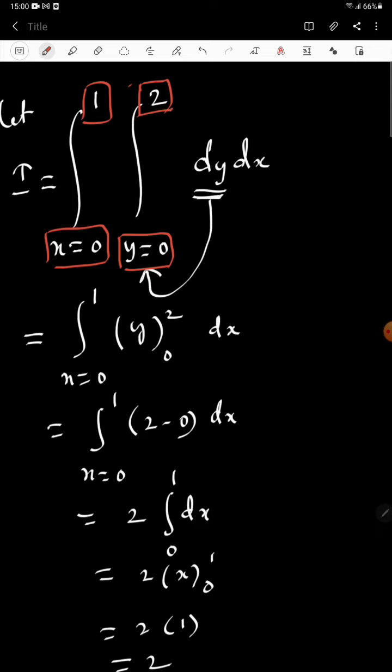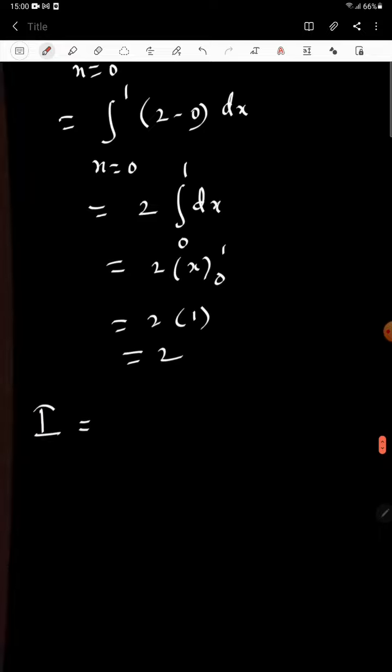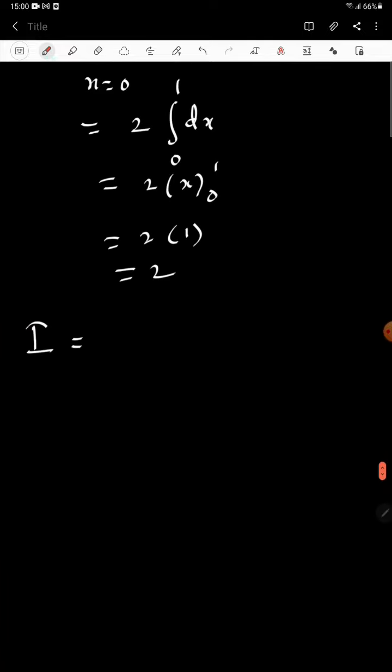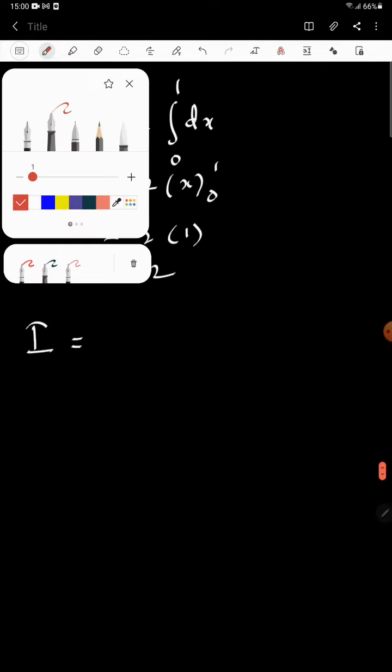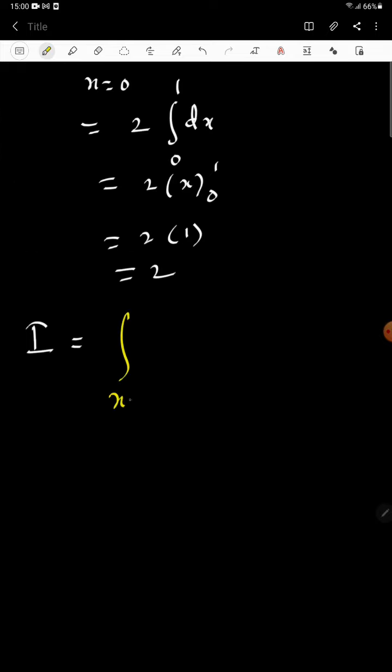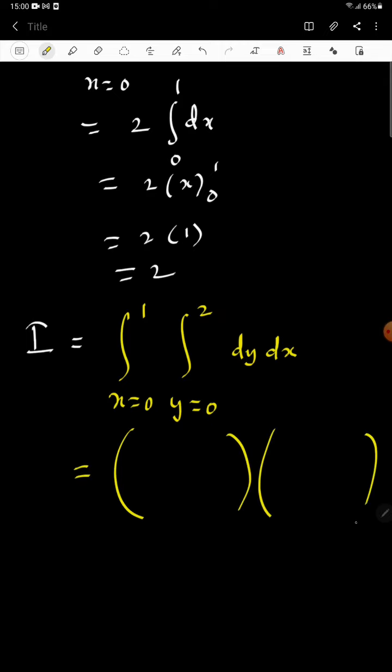In this case you can write this double integral as a product of two single integrals. Now the same integral, x from 0 to 1, y from 0 to 2, dy dx, can be written as a product of two single integrals, one only in x and one only in y, y equal to 0 to 2 dy.